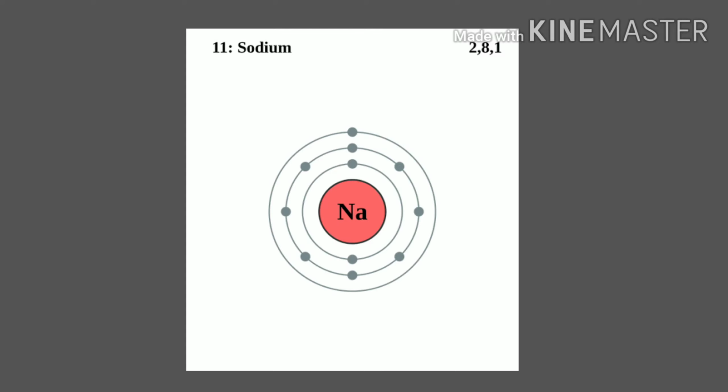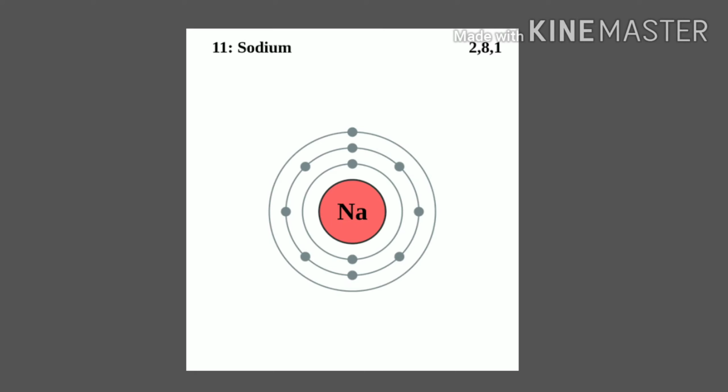Say here sodium, whose atomic number is 11. So the electronic configuration here is 2, 8, 1. That means this sodium metal loses one electron to attain an octet and forms the sodium plus ion. This plus ion is known as a cation.